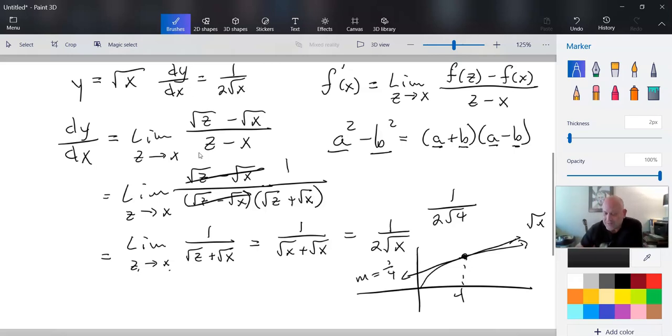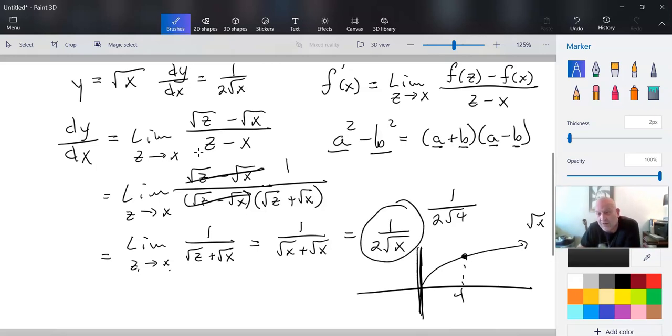What's interesting about this now is it makes algebraic sense why there's no derivative here at 0, right? First of all, it's a vertical line. If you drew a tangent line there, it's vertical, which has an infinite slope. And you look at what happens here, if I plug in 0 for x, I get 1 over 0.